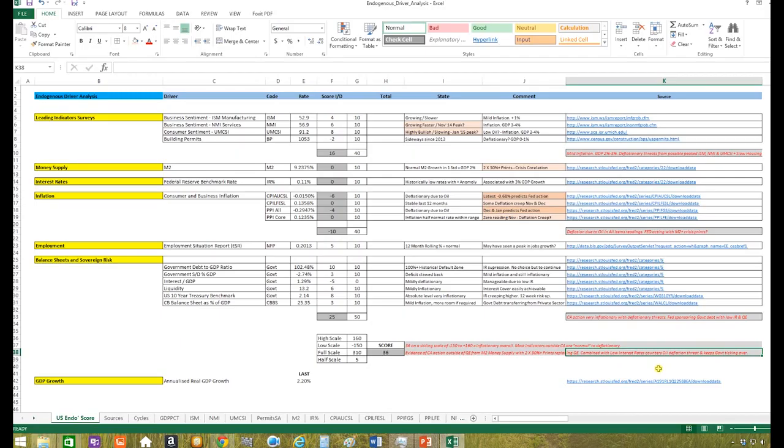So it's actually pretty amazing that this whole process that we've just been through has given us a very vibrant picture of what is occurring in the United States economy overall. But we're also systematically scoring this extremely objectively.